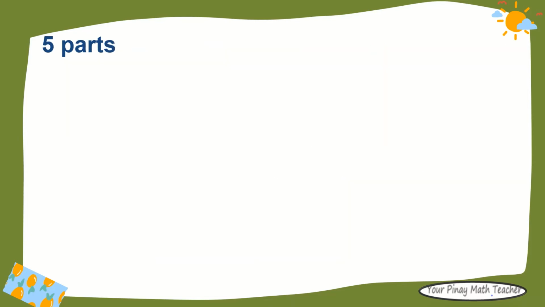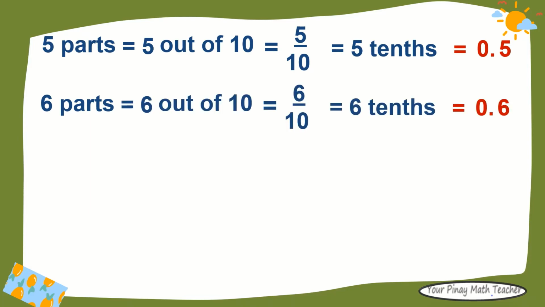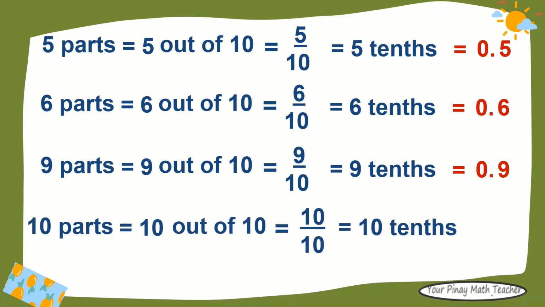If there are 5 equal parts, 5 out of 10 or 5/10, 0.5. 6 equal parts, 6/10, 0.6. 9 equal parts or 9/10, 0.9. If the whole is shaded, so we have 10 equal parts, then 10/10 or 1.0 or simply 1 whole.